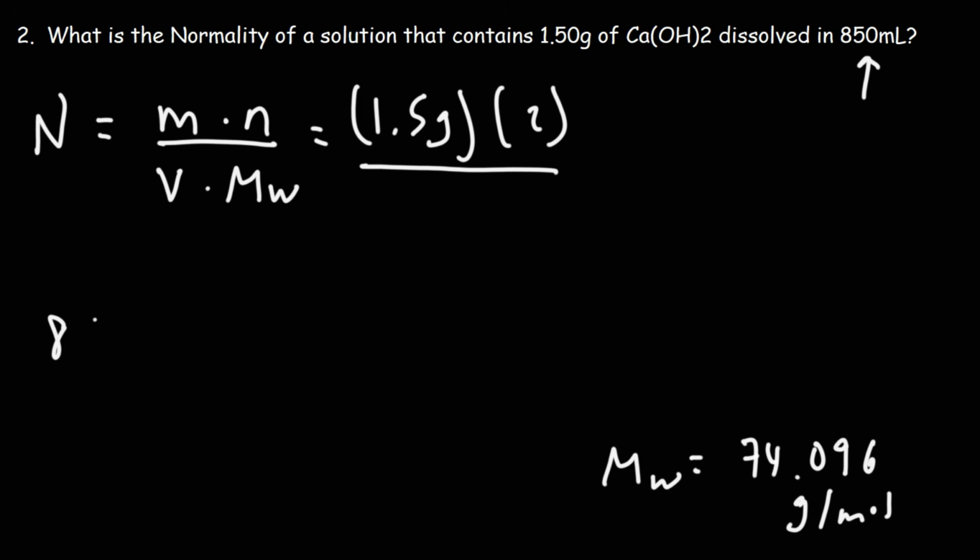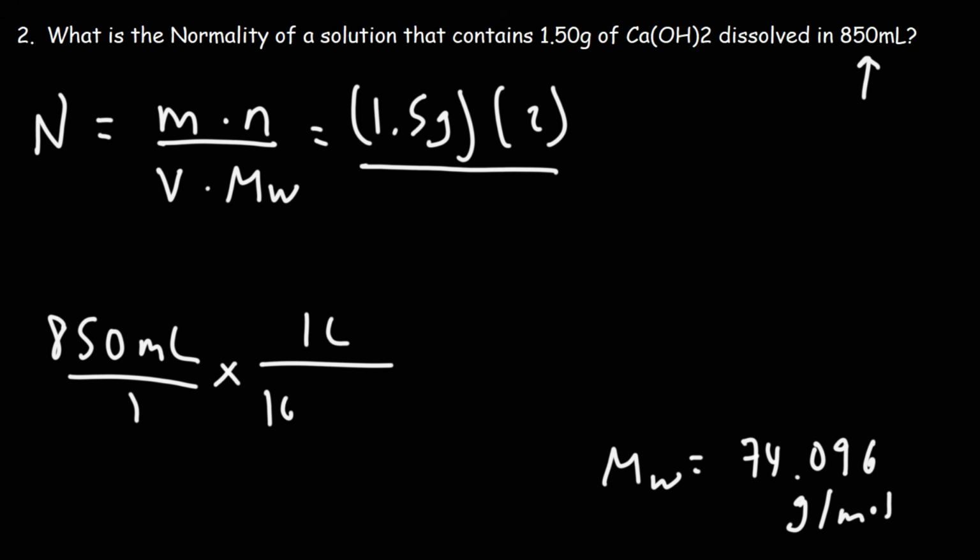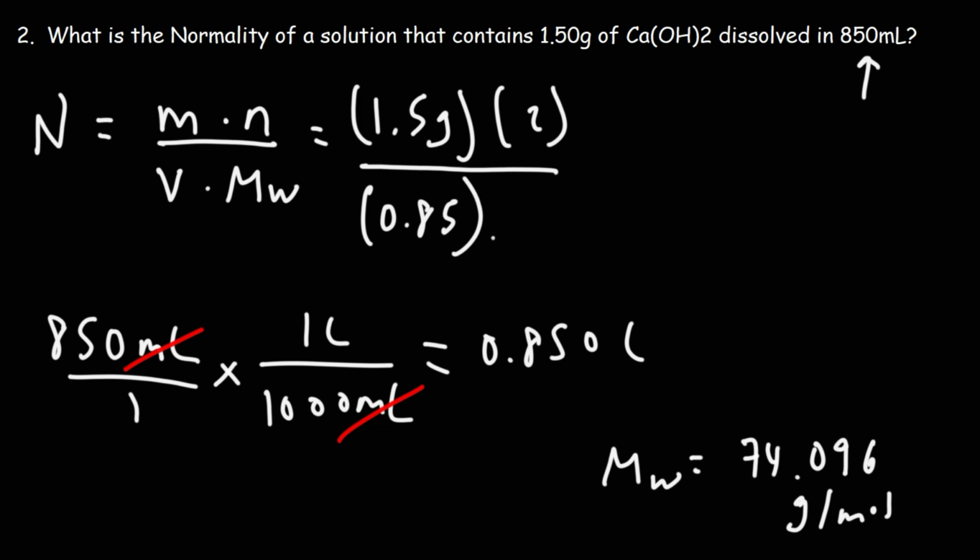We can start with what we're given, 850 milliliters, and then use the conversion factor. We know 1 liter is equivalent to 1,000 milliliters. Setting up this way, we can see that the unit milliliters will cancel. 850 divided by 1,000 is 0.85. So that's going to be the volume, 0.85 liters.